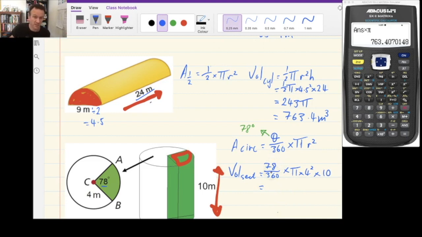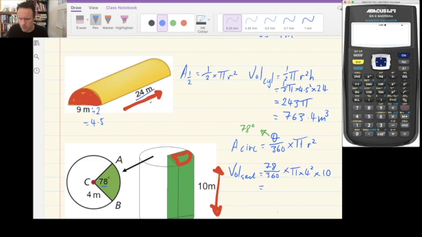Again, I'm not going to do 78 over 360 times 4 squared times 10 in my head, so let's use our trusty calculator, and let's kick it off with, where are my fraction buttons? I can't see fraction buttons on this calculator.